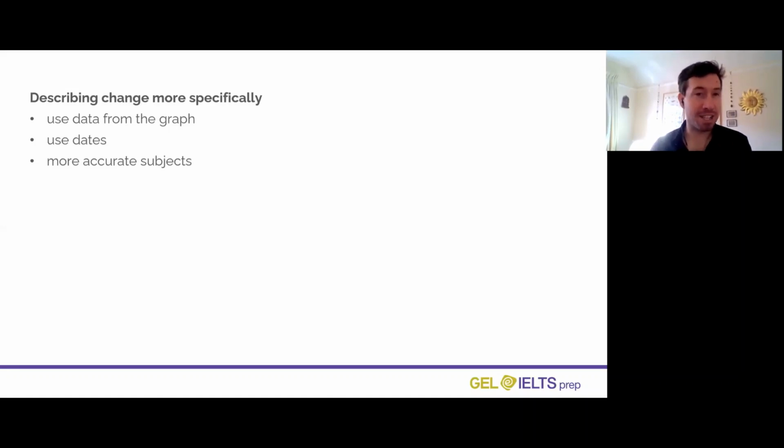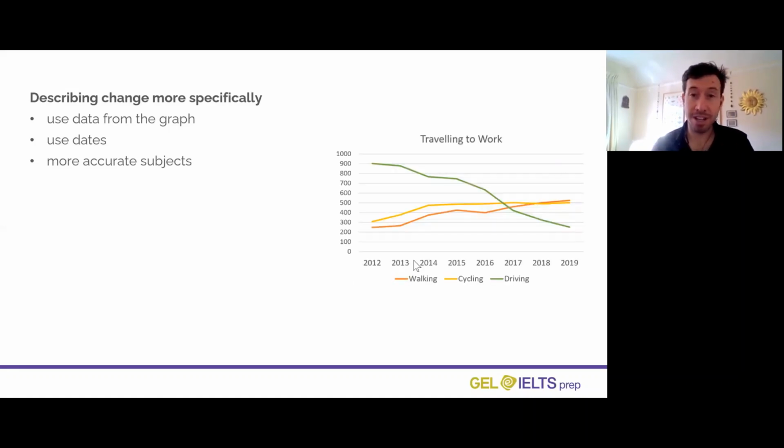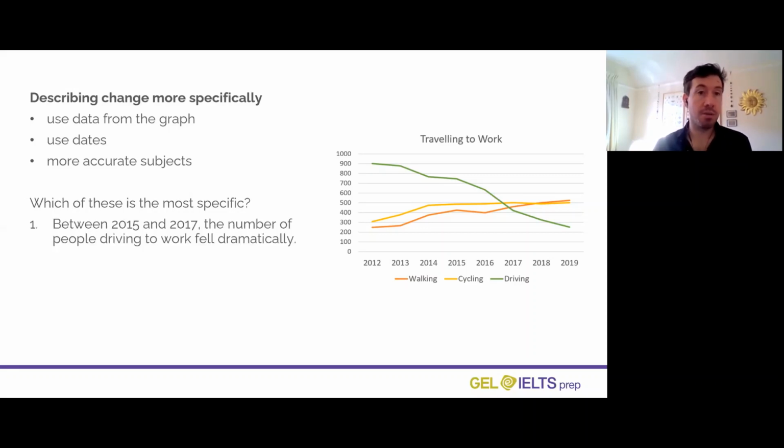So let's have a bit of practice. What we're going to have a look at is referring to this chart again. And I'd like you to look at question 2 in the activity below the video and choose which of these is more specific. So we've got: between 2015 and 2017, the number of people driving to work fell dramatically.